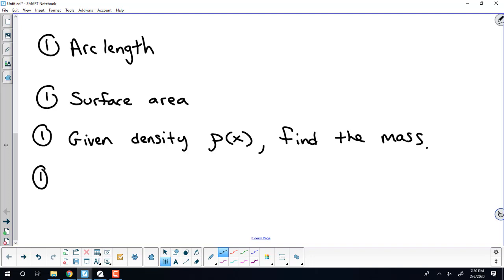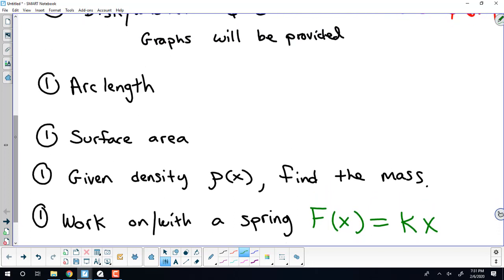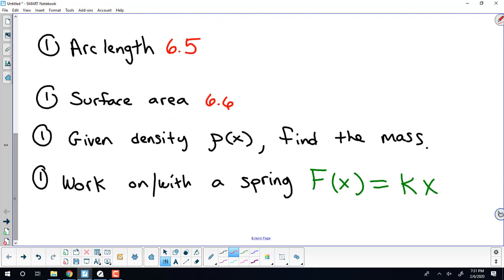One question with work on a spring. Then we're going to assume that these springs obey Hooke's law, which gives us the force function spring constant times x. I'll look at these sections in here too. Surface area, that was 6.6, arc length was 6.5. The next few will be from 6.7.